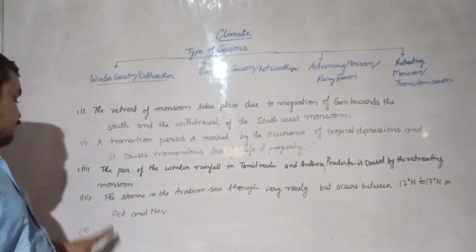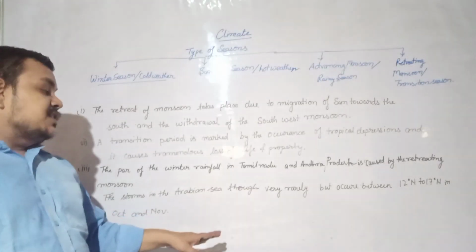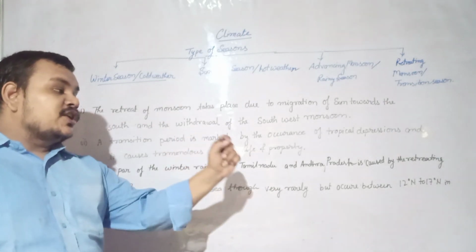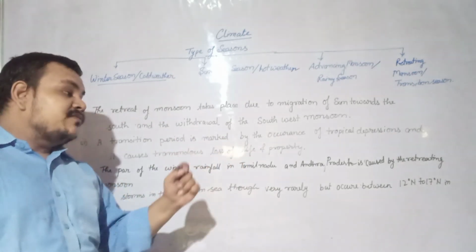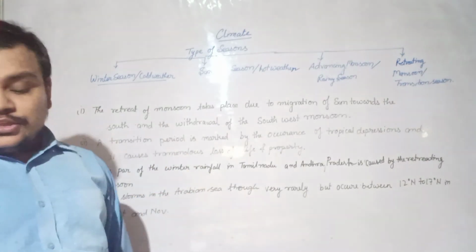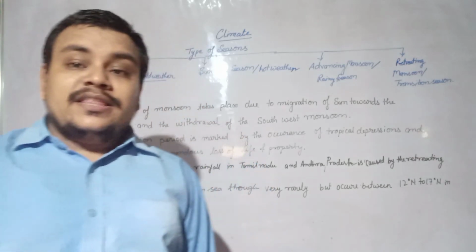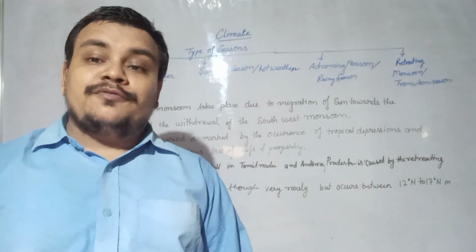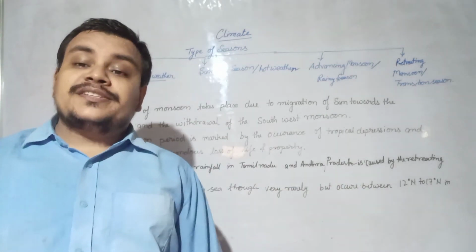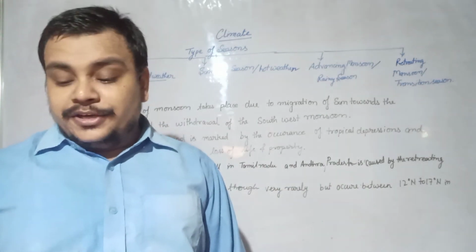retreating monsoon. Storms in the Arabian Sea, though very rare, generally occur between 12 degrees north and 17 degrees north in October and November. And another most important feature is the heat we face at that time, known as the October heat.